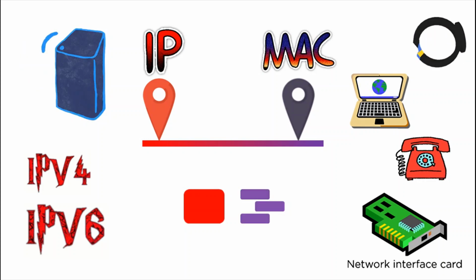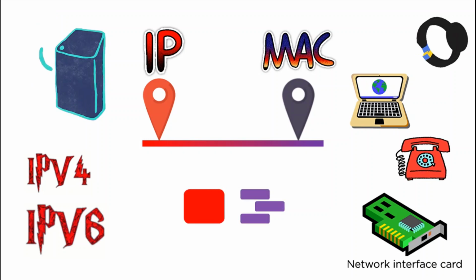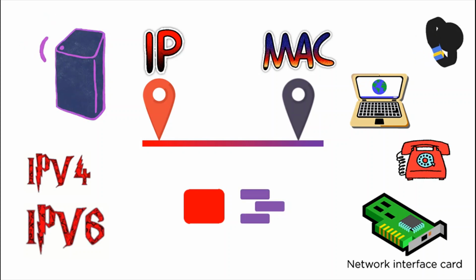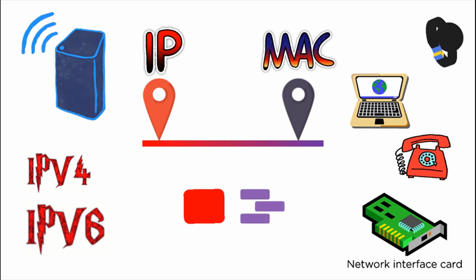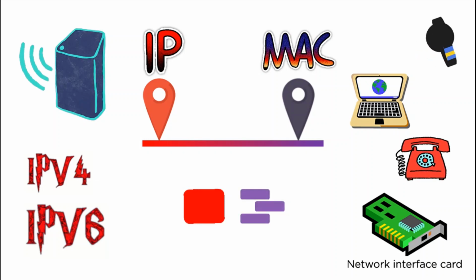Each NIC, as it is called, has a particular MAC address associated with it. That MAC address can be directly used as a physical address to indicate the endpoints of communication.